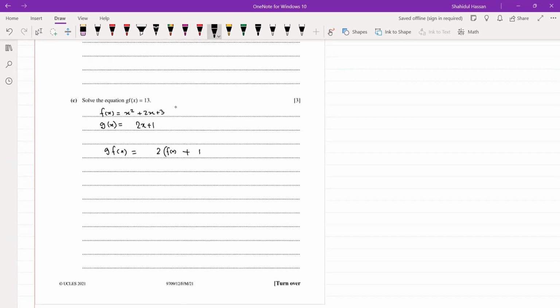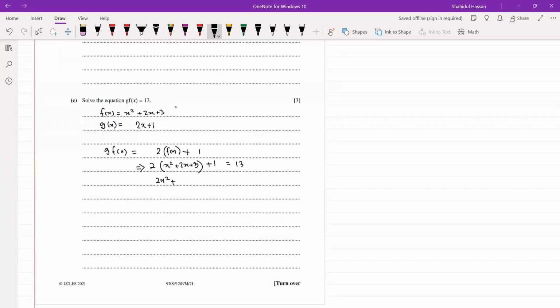However, in this function the x will be replaced by f of x. So therefore this will be 2 bracket x square plus 2x plus 3 bracket close plus 1, and all of these should be equal to 13, as the question says g of f of x will be equal to 13.